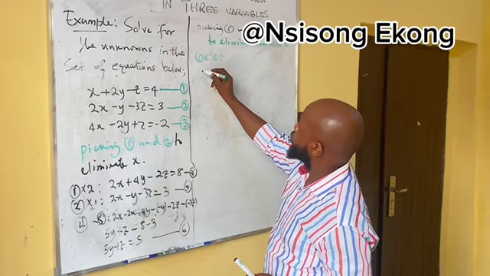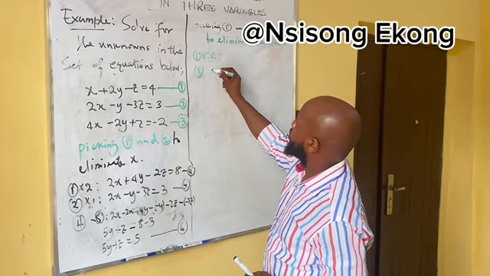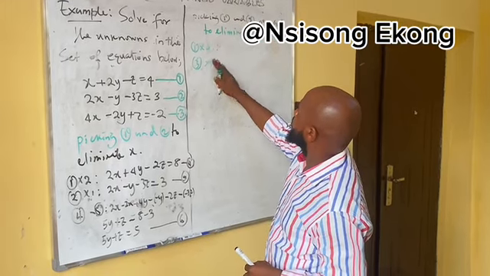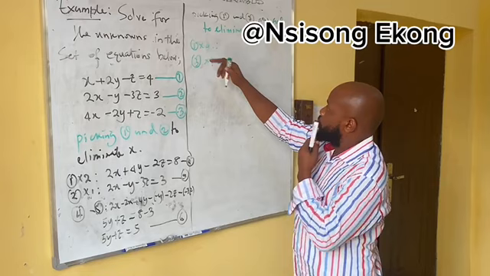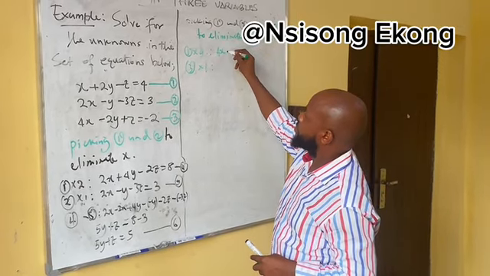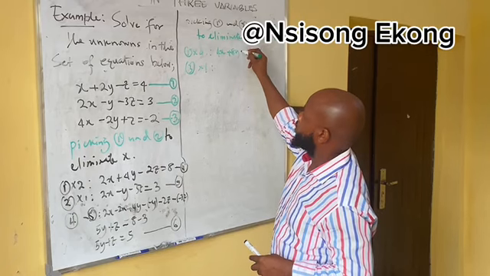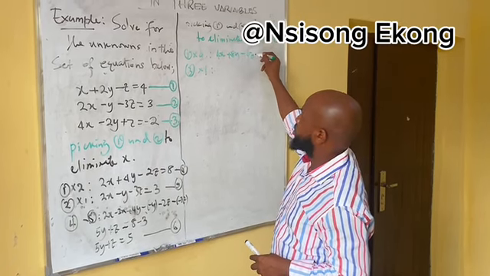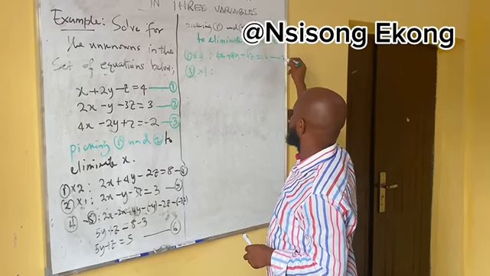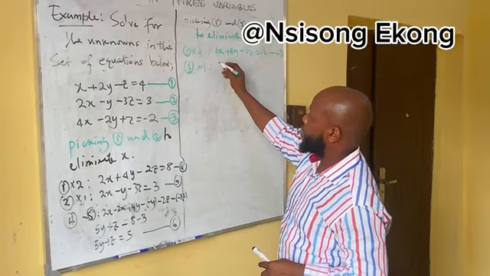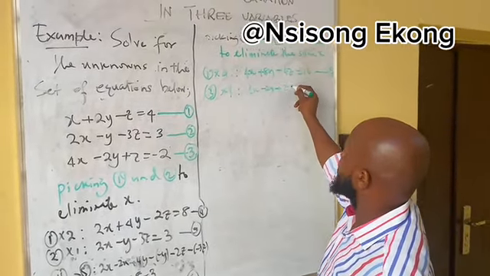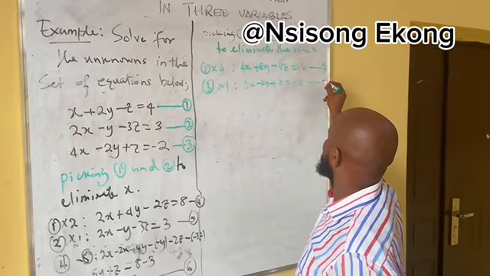We multiply equation 3 by 1. So this will result in 4x plus 8y minus 4z equals 16, which is equation 7. And we have 4x minus 2y plus z equals minus 2, which is equation 8.